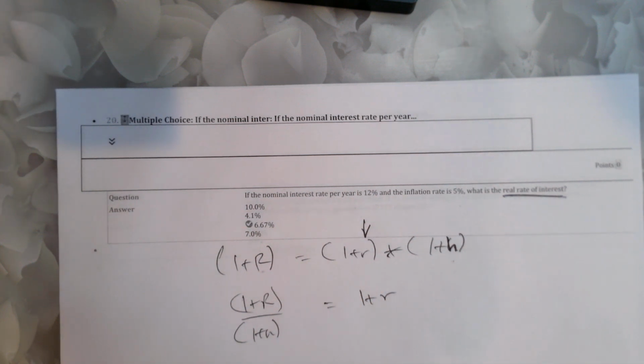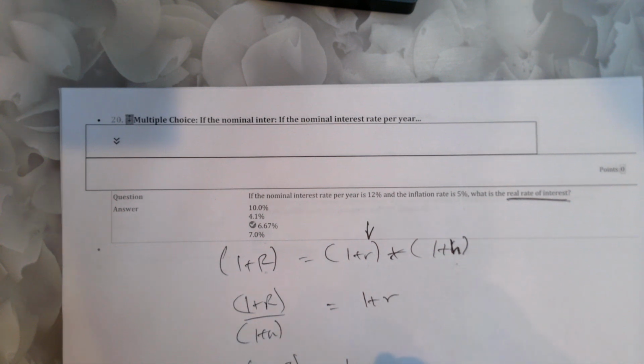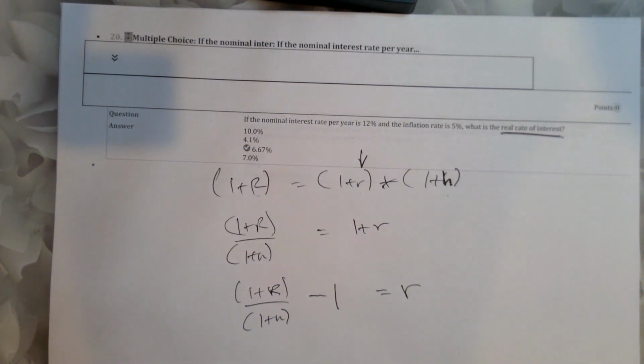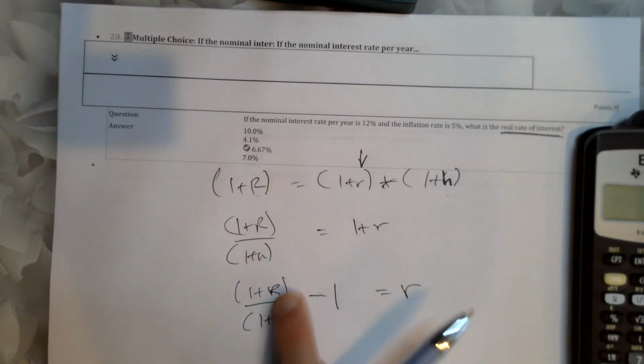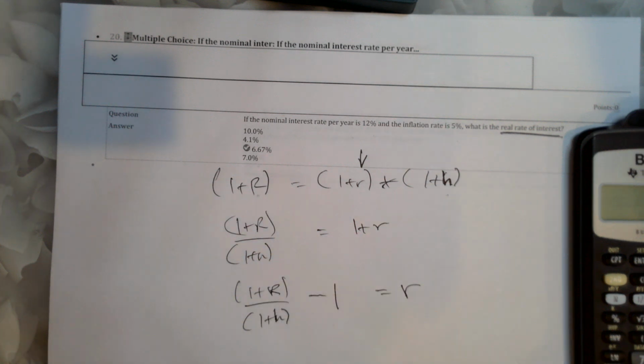Now, I need one more step to get little r by itself. I'm going to say 1 plus R divided by 1 plus h minus 1, and that's going to be equal to little r. And keep in mind that's going to be as a decimal. We're going to use decimals in here. If we use the full percentages, we will get it wrong with certainty.